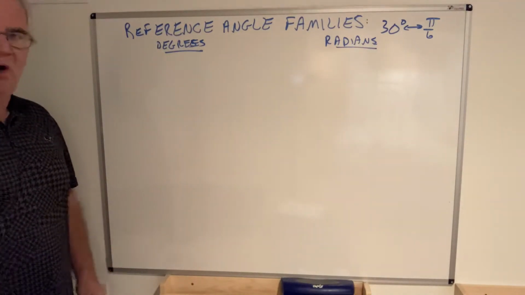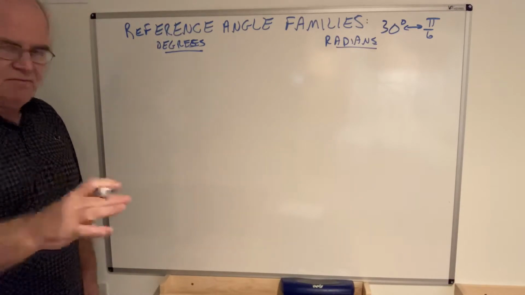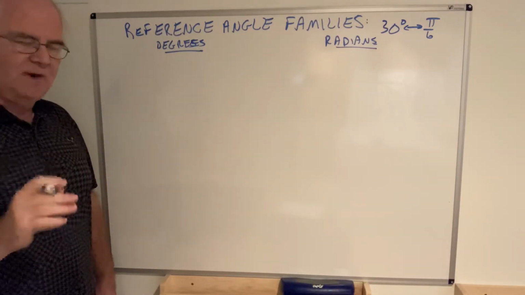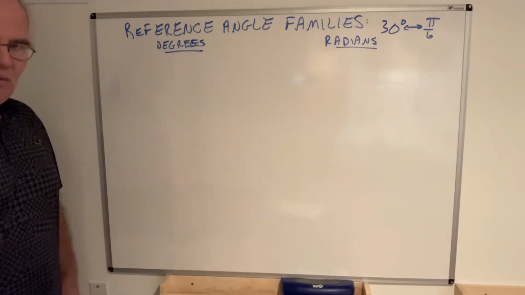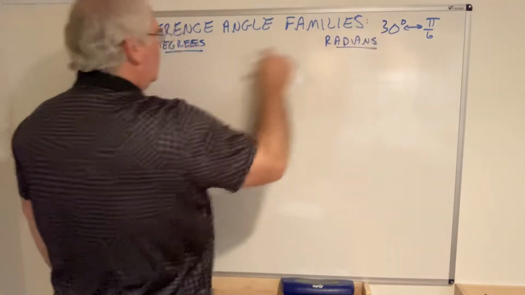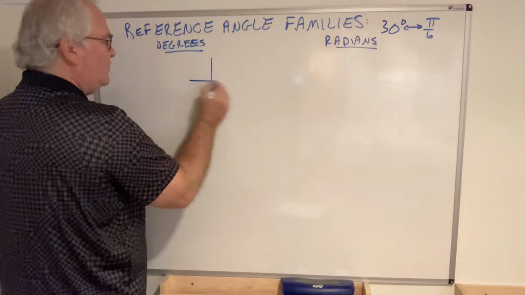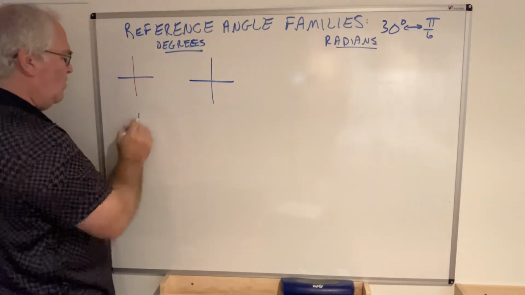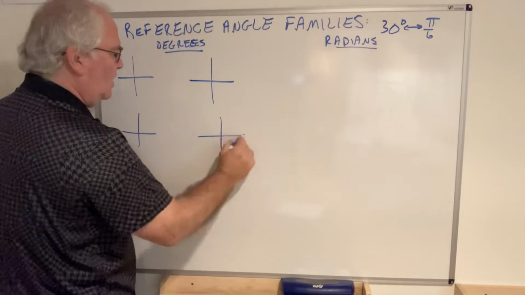This will eventually, and it needs to very soon, become essentially automatic for you. Okay, so if I have a 30 degree angle in quadrant 1, quadrant 2, quadrant 3, and quadrant 4.